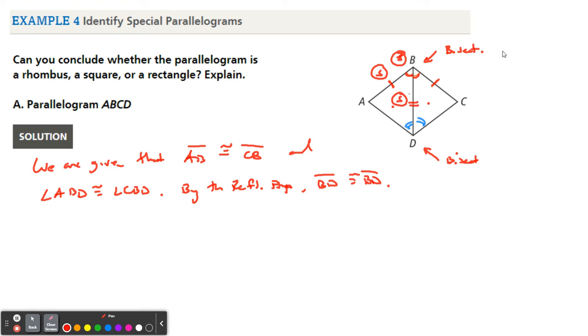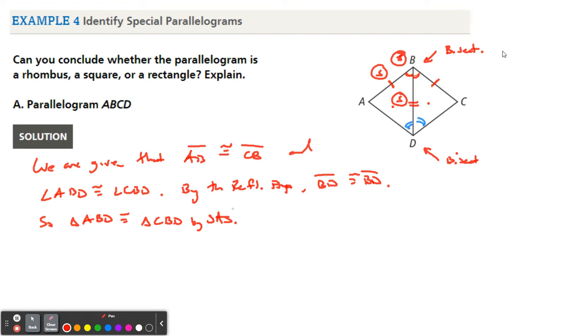There's your second pair of sides. I believe these two triangles are congruent by side, angle, side. So triangle ABD is congruent to triangle CBD by side, angle, side.